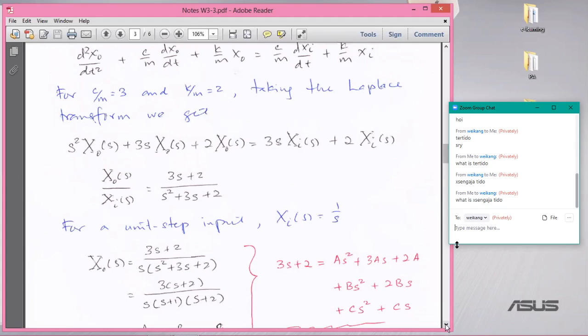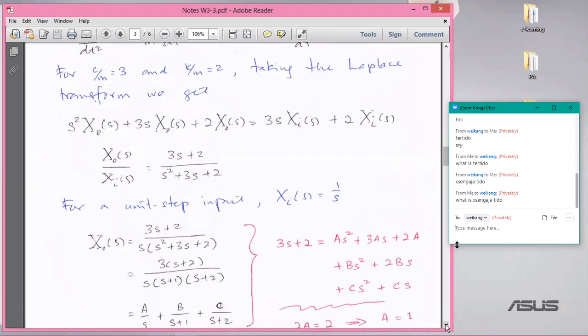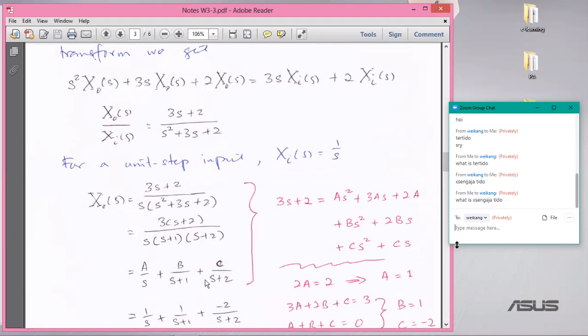Okay. Once you put the input in, you can solve now for the output variable. So you put xi equal to 1 over s. Now this is the expression for the output variable in the Laplace domain. Capital XO represents the Laplace variable of xo. And then you need to take the inverse Laplace of this using the table.